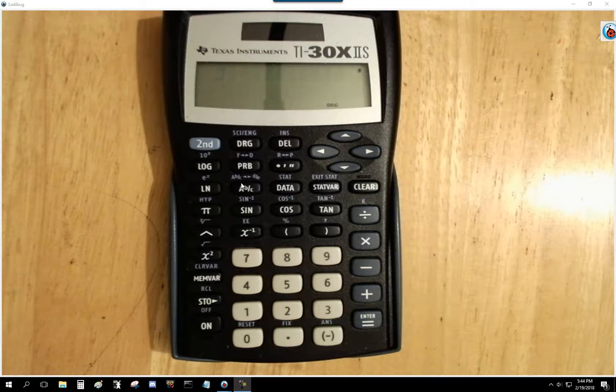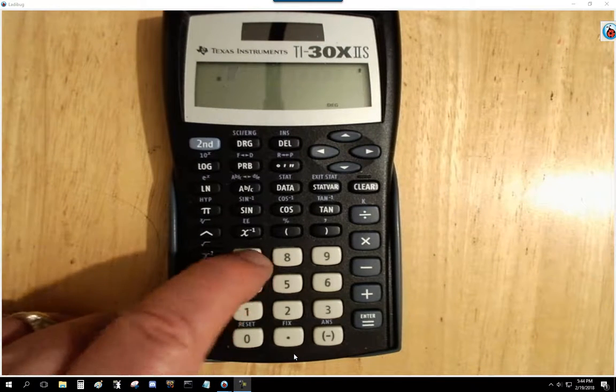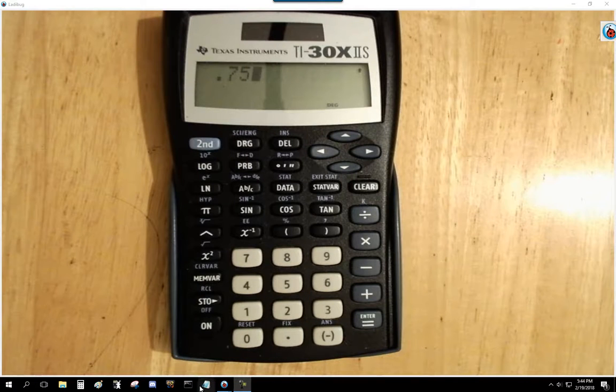So first, let's look at converting a decimal to a fraction. Consider the decimal 0.75. So I've entered 0.75 into the calculator. Let's hit equals. Didn't really have to. I just want to make sure it's in there. Now, to convert that to a fraction, I happen to know that 0.75 is 3/4.